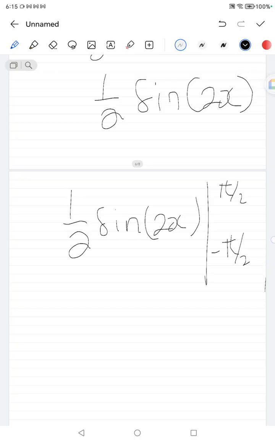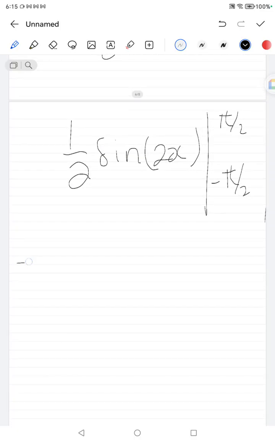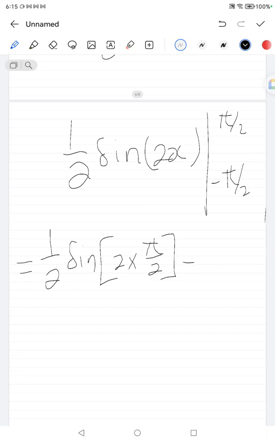Since this is the last one, what you're mainly going to be doing is, remember you have to use the fundamental theorem: your 1 over 2 sine of 2 multiplied by pi over 2, minus your 1 over 2 sine of 2 multiplied by minus pi over 2.